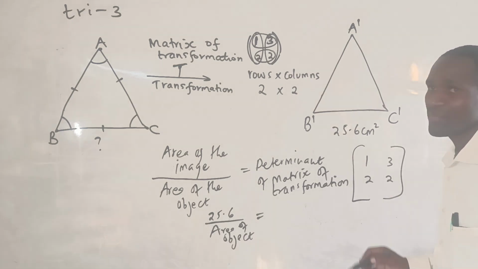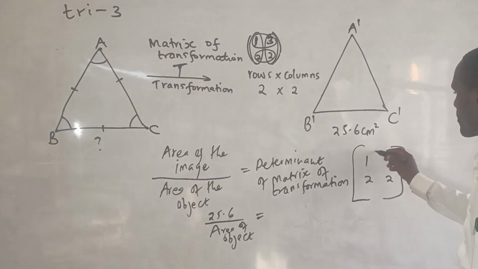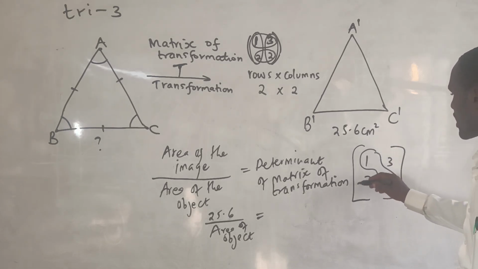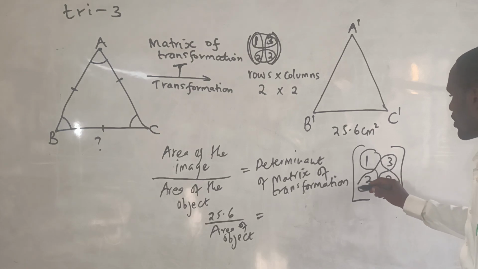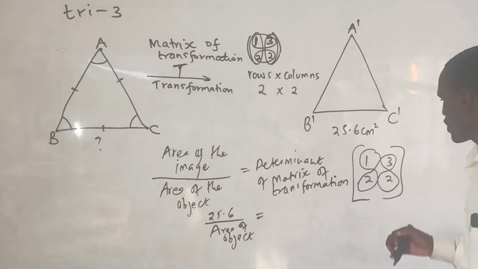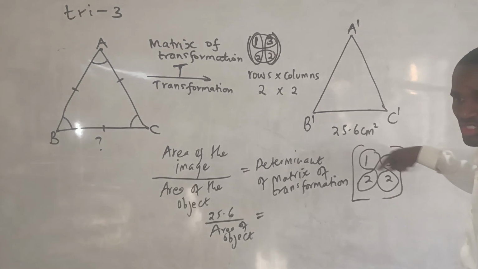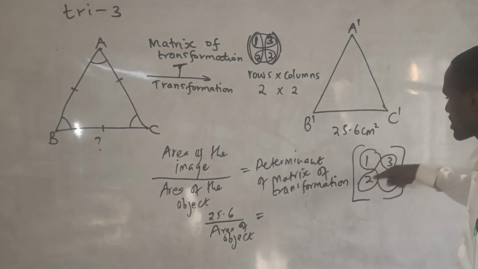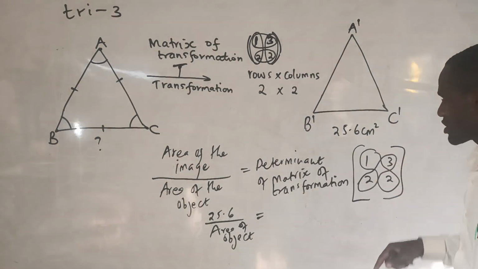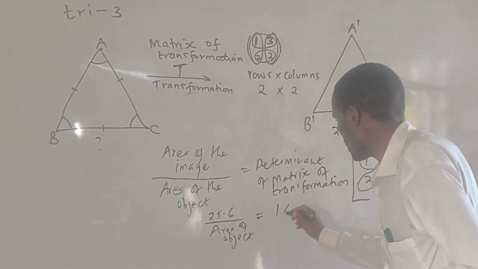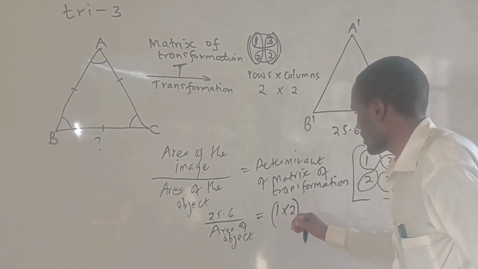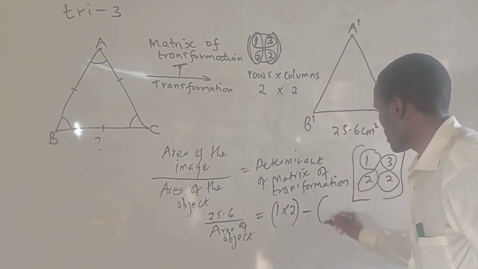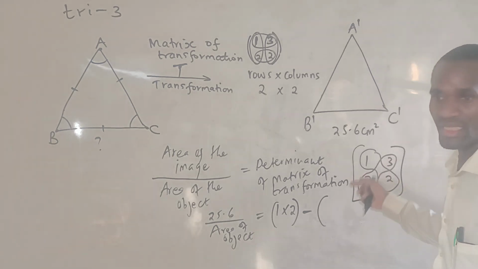How do I get the determinant of this matrix? It is the product of the elements in the main diagonal less the product of the elements in the secondary diagonal.